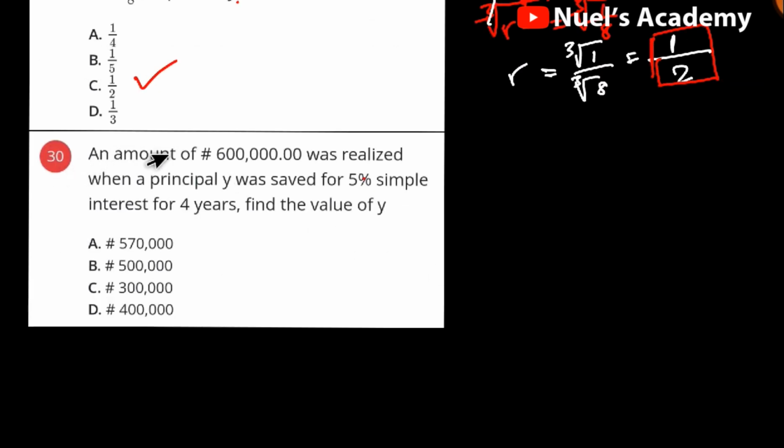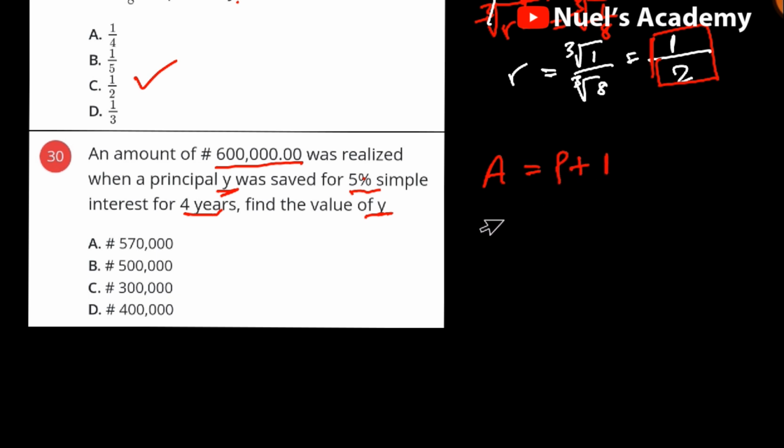Question number 30. An amount of 600,000 was realized when a principal Y was saved at 5% simple interest for 5 years. Find the value of Y, which is the principal. Now, we are given an amount as 600,000 naira. First of all, the formula for amount is equal to principal plus the interest.